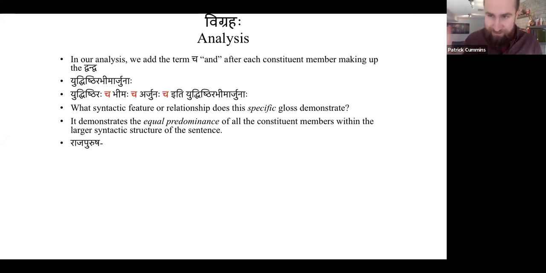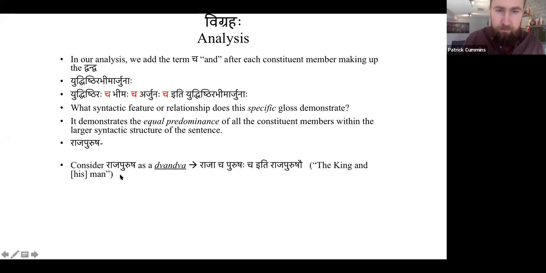And everybody knows what a tatpuruṣa is, so I won't explain that. But consider this compound as a dvandva. If I were to gloss it as rājā ca puruṣaś ca iti rāja-puruṣau, meaning "the king and his man." Notice that it's inflected in the dual and in the masculine, so it's an itaretara dvandva.